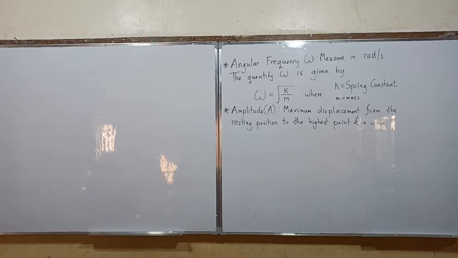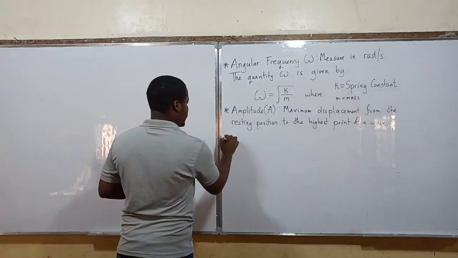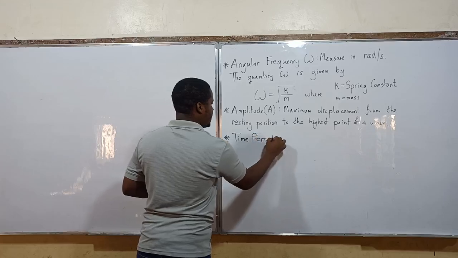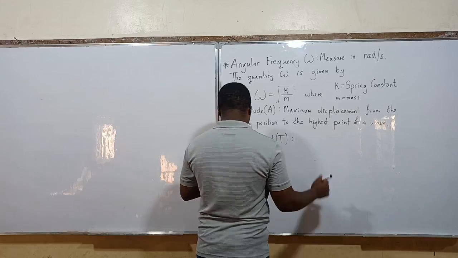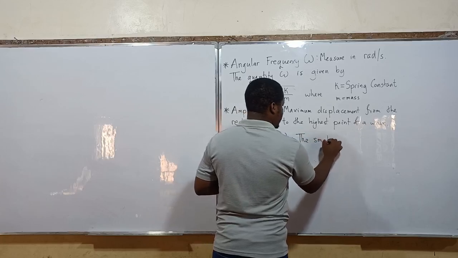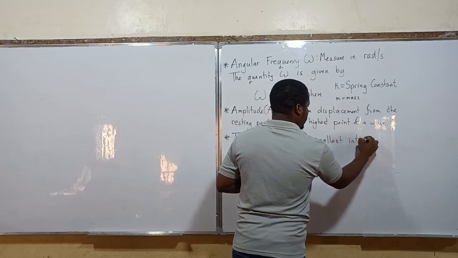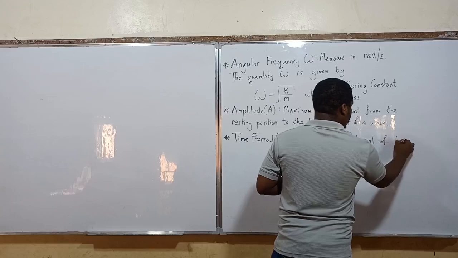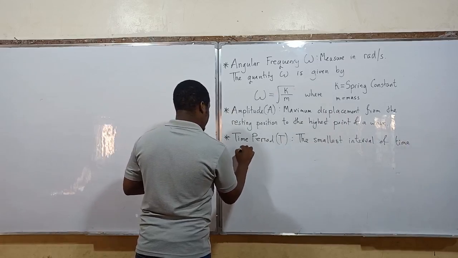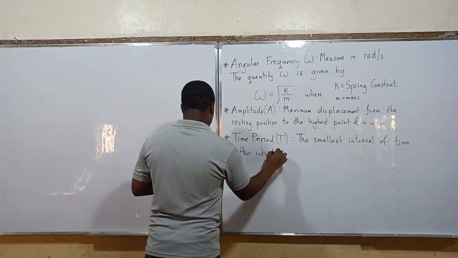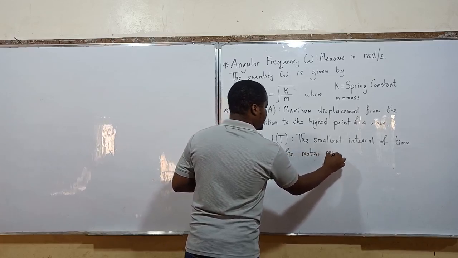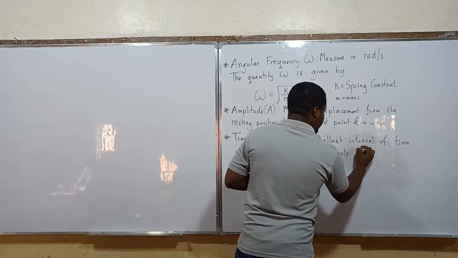Time period, the symbol used is capital T. We can say it is the smallest interval of time after which the motion repeats itself.